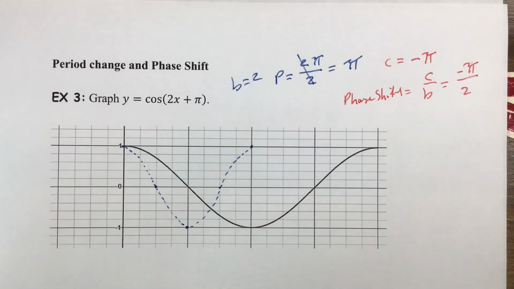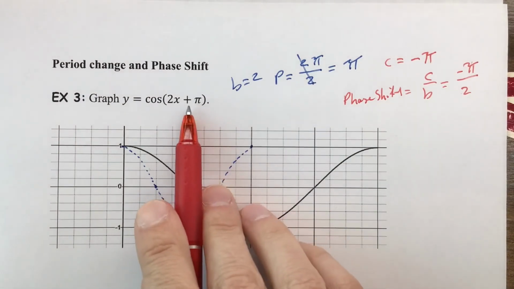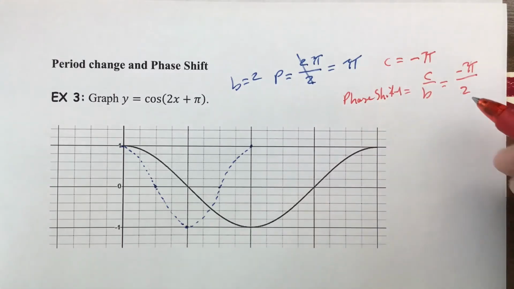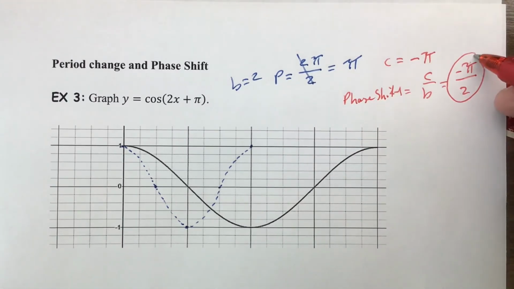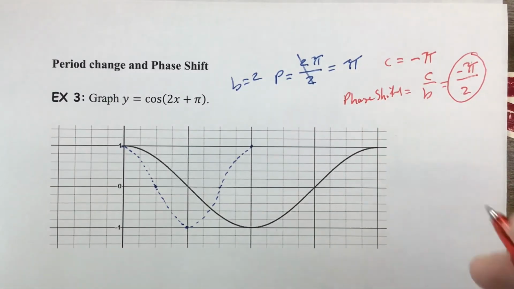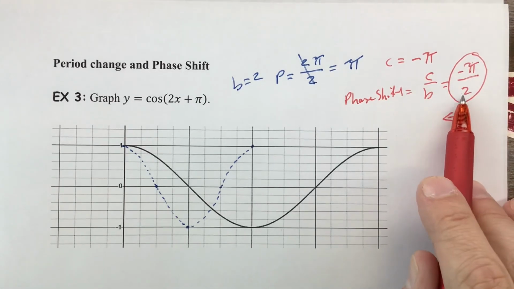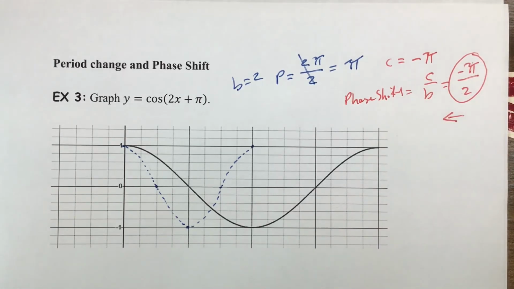If we were really careful earlier about switching that sign, which we did, and made sure that we had a negative pi, this actually tells us how far we should move the graph to the left. We're going to take this graph, the one that's been dotted, because that is our compressed graph. That's really how the shape should look. We're going to take that graph and move everything to the left pi over 2 units, which would be the same as 90 degrees.